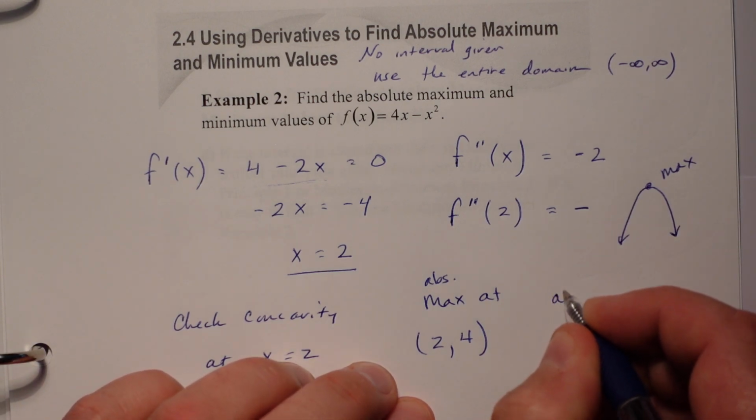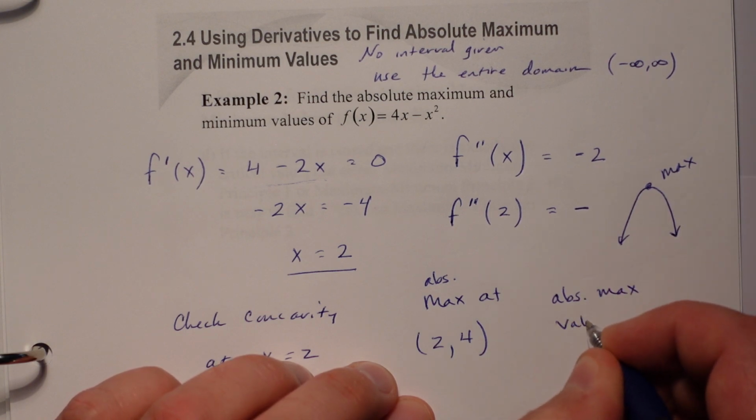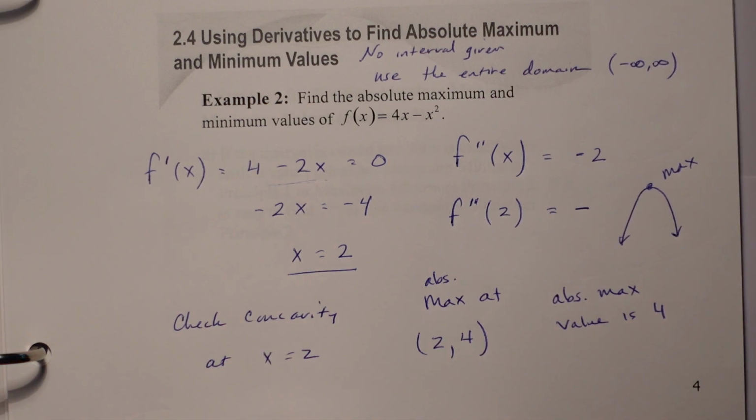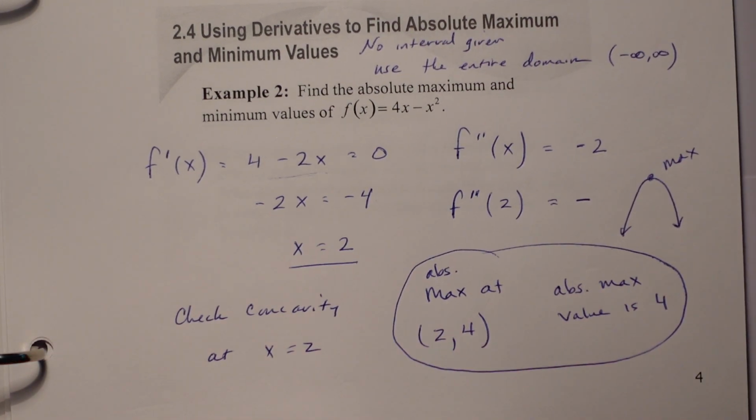And the absolute maximum value is 4. Remember, when they talk about the value of the maximum or minimum, it's the y value. So there's a couple of ways you could think about and interpret or express that answer, but they both really mean the same thing.